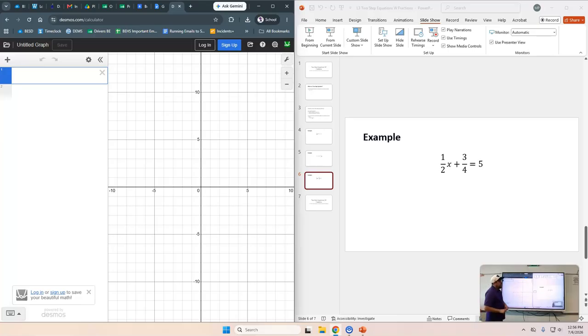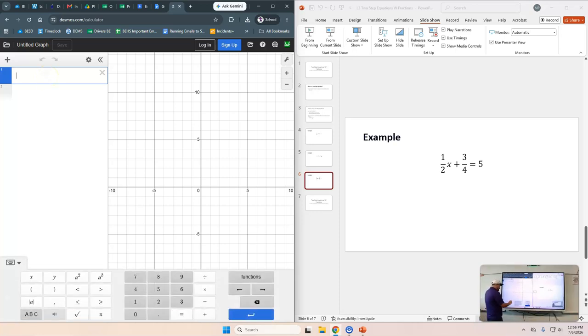If you remember, the first thing we did is we did 5, and we subtracted the 3/4 from it. So if I click in here, we're going to do 5 minus 3/4, which is 4.25. We're getting a decimal this time, but that's okay. And after we got the 4.25, remember, we ended up timesing by the reciprocal.